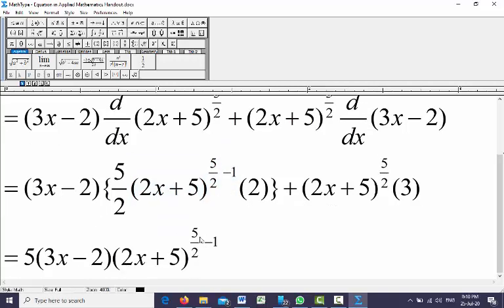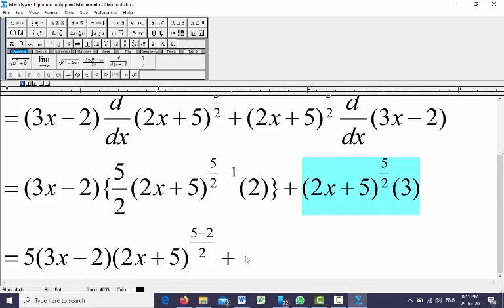Now as you can see, if you deduct 1 from 5 by 2, we will have 5 minus 2 divided by 2, this one, plus, and here we can just rearrange it.